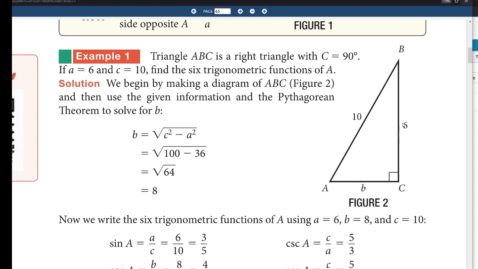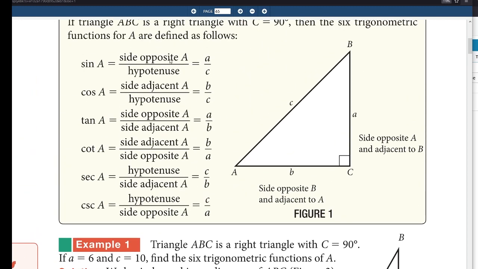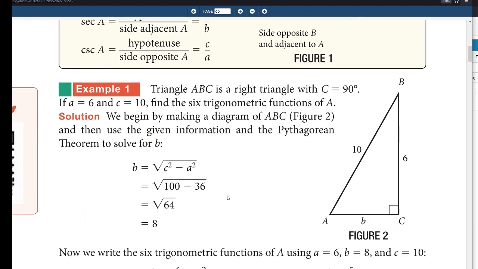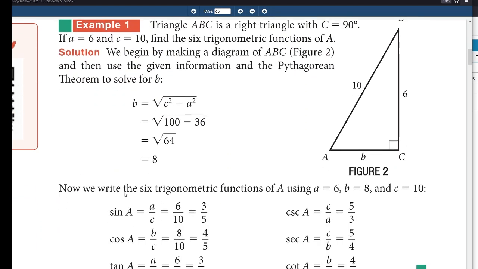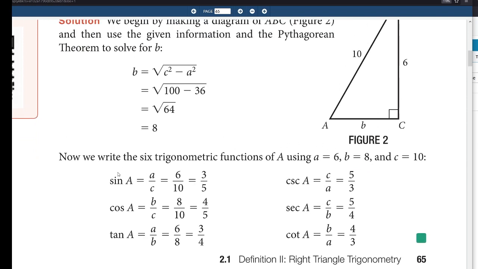So then you're going to know the different side lengths, right? So this is really b equals 8, a is equal to 6, c is equal to 10. So then we just use the definitions up here for the opposite and hypotenuse and adjacent and hypotenuse, and we plug all those in. So when they say write the 6 trigonometric functions, knowing that a is 6, b is 8, and c is 10, well, the sine is the opposite over hypotenuse, right?